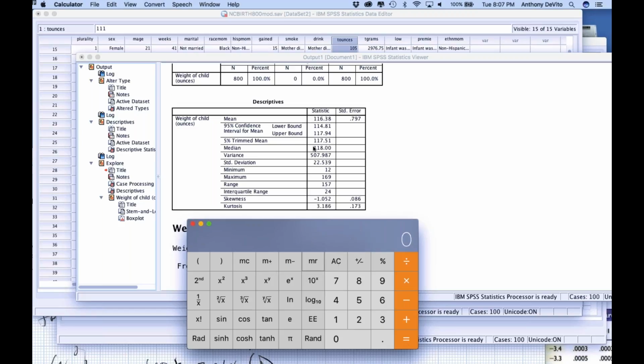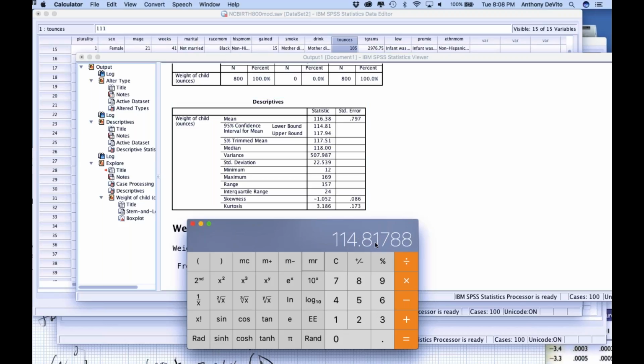And I'm going to clear this. Now I'm going to take our mean, which is 116.38, and I'm going to subtract our margin of error, and we get 114.81. We actually get 114.82, right, instead of 114.81, because it rounds up.